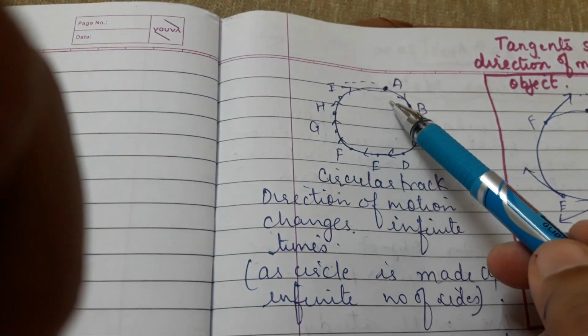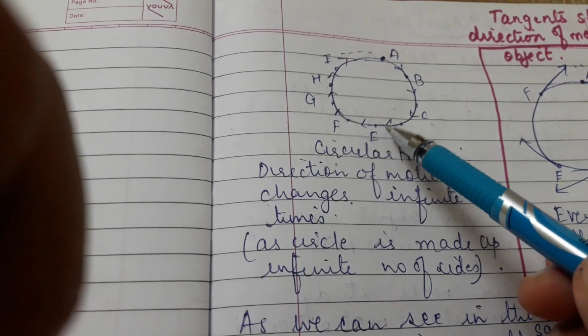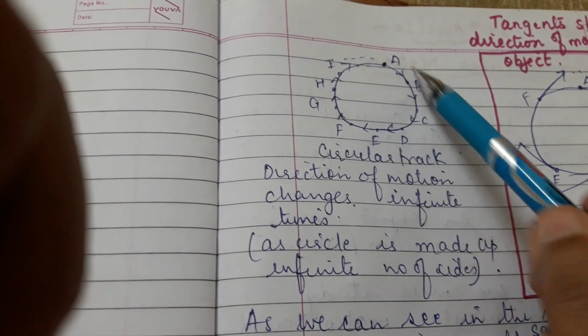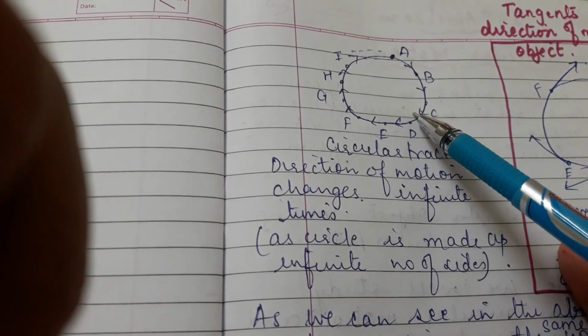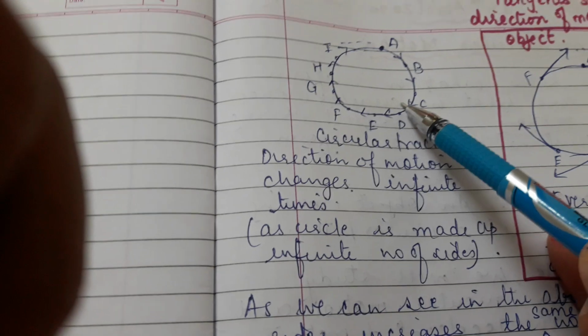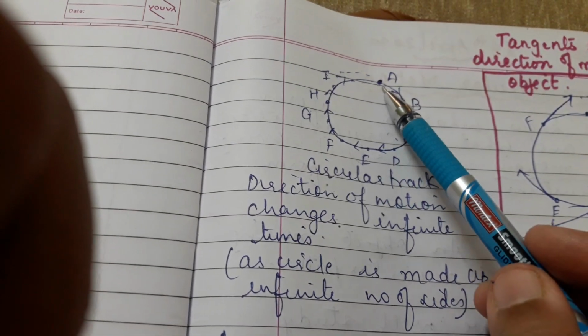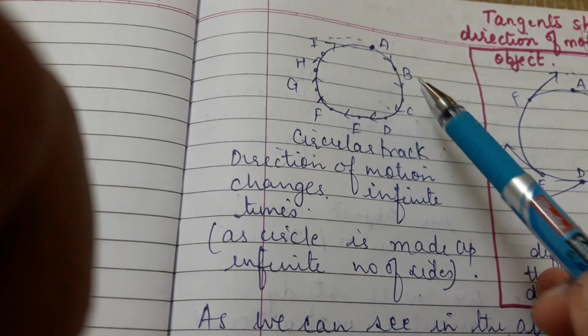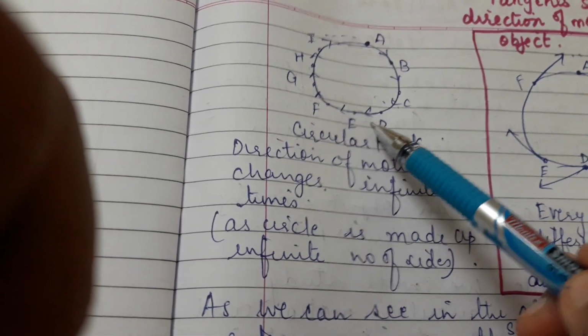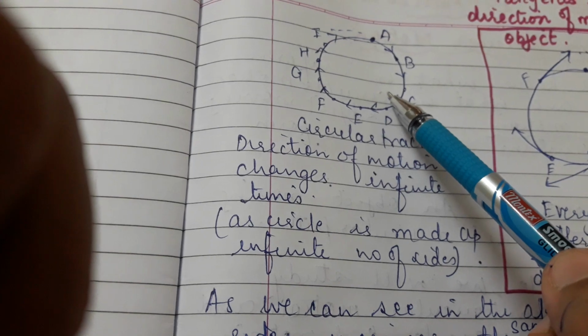Now, A to B to C to D, E and F and so on. So when he starts moving on this track, the same athlete is now running on the circular track. As he goes from A to B, he changes his direction at C, D, E and so on.